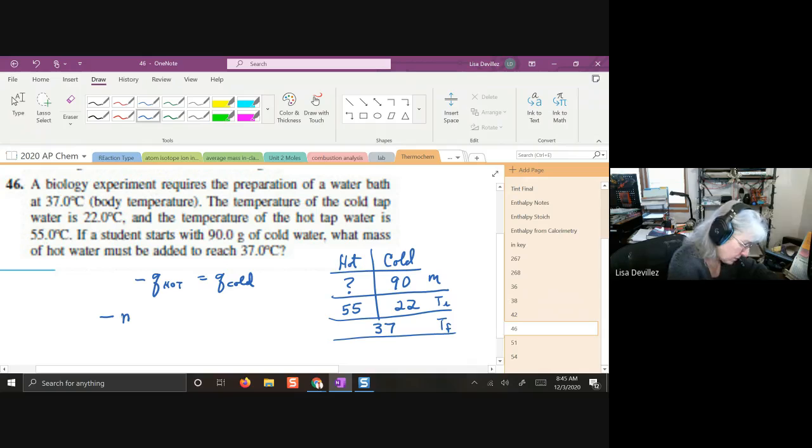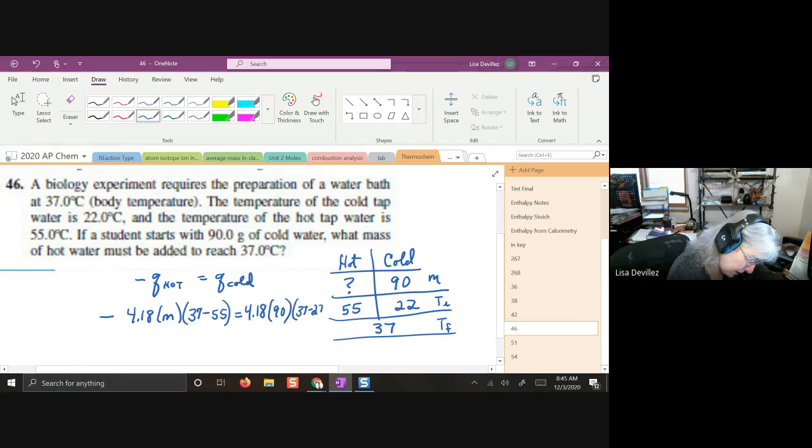Minus, oops, let's do this in the right order. So 4.18 times the mass, and the hot is going to be 37 minus 55. That's going to equal 4.18 times 90, and then 37 minus 22.